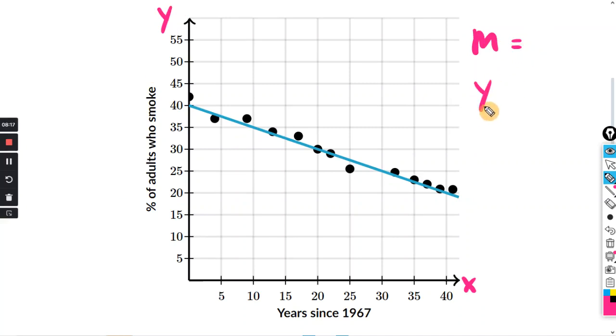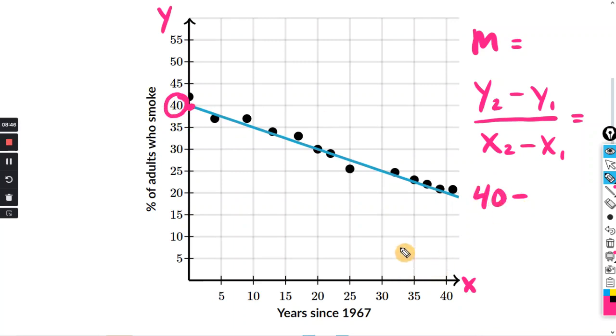That's going to be y2 minus y1 over x2 minus x1. If we pick points that are on the corners of the boxes, we can pick this point here, and the y-coordinate is 40. So the first y2 is going to be 40.